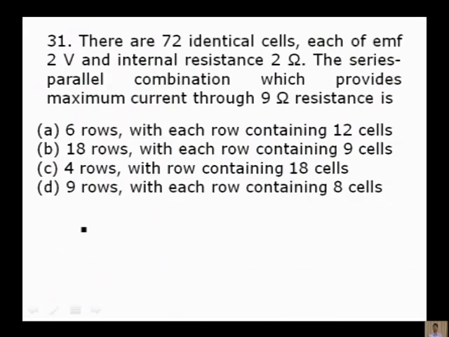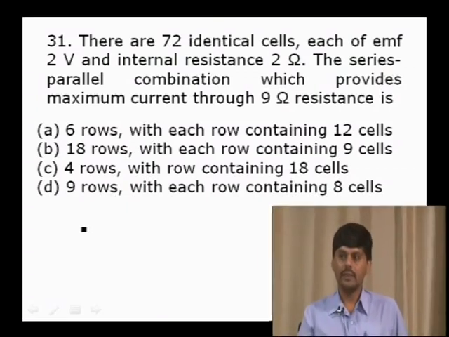Question number 31. There are 72 identical cells, each of EMF 2 volts and internal resistance 2 ohm. The series and parallel combination which provides the maximum current through the 9 ohm resistance is: A, 6 rows with each row containing 12 cells.